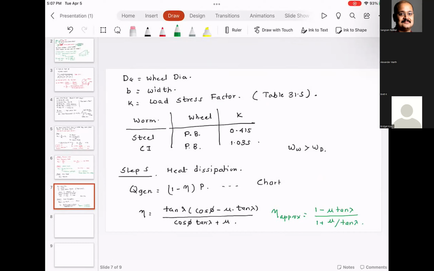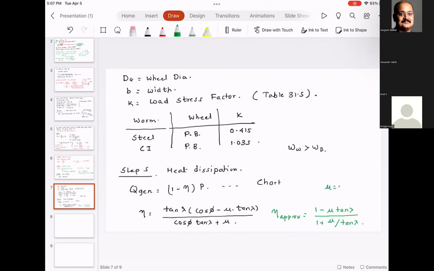Again, the coefficient of friction depends upon the type of lubrication that is available. If you are running the worm wheel with continuous lubrication, then the coefficient of friction can go all the way to 0.02.